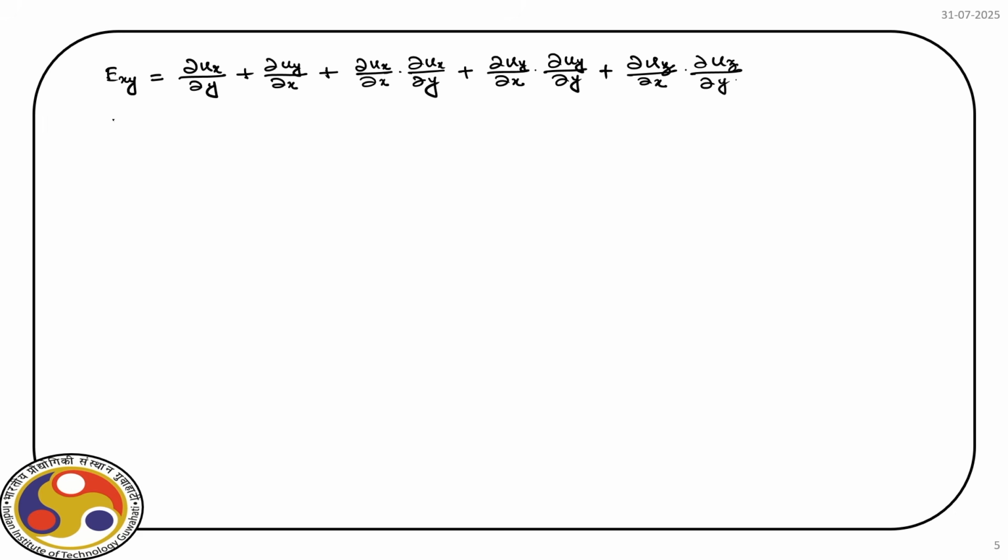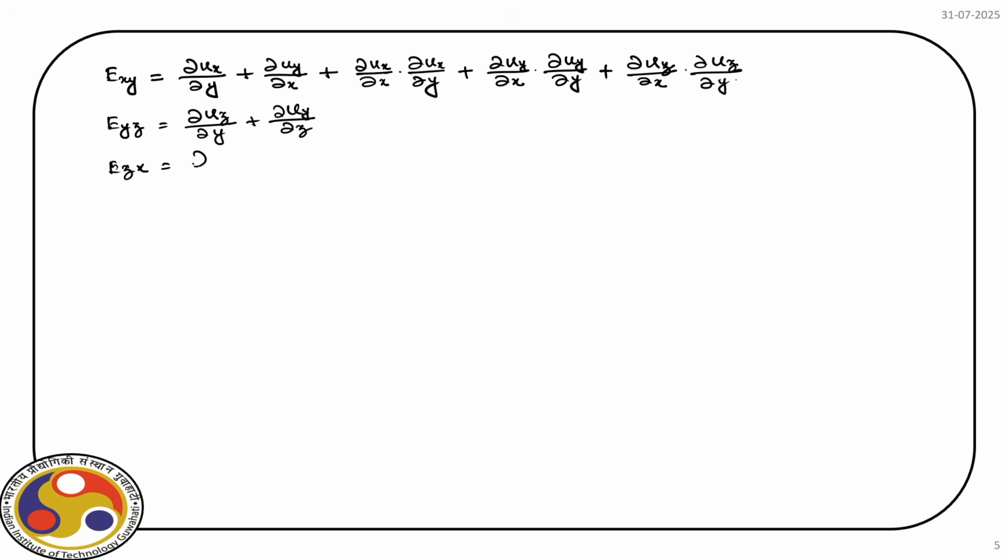Okay. Similarly, we can write E_yz and E_zx. Here also let me just write the linear part. So, we have u_z differentiated with respect to y plus u_y differentiated with respect to z.